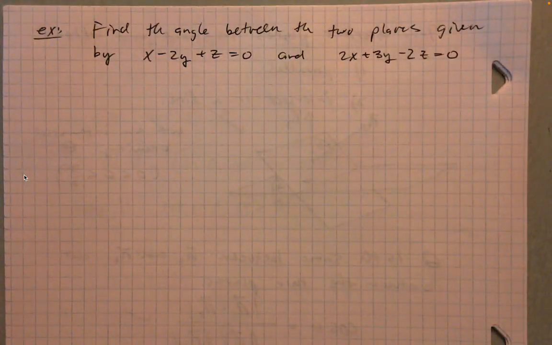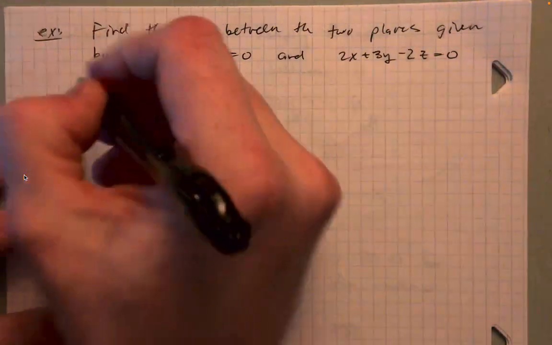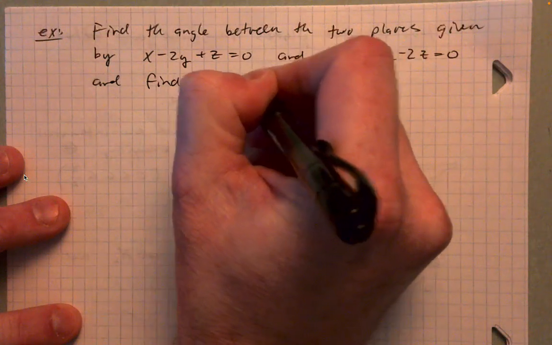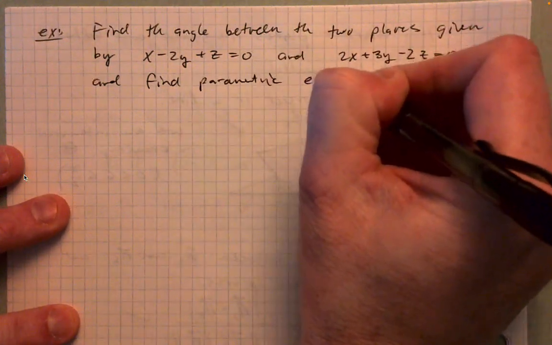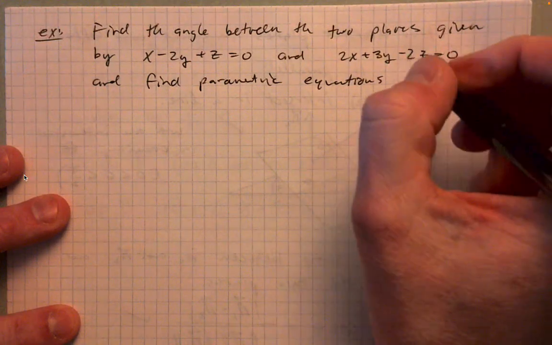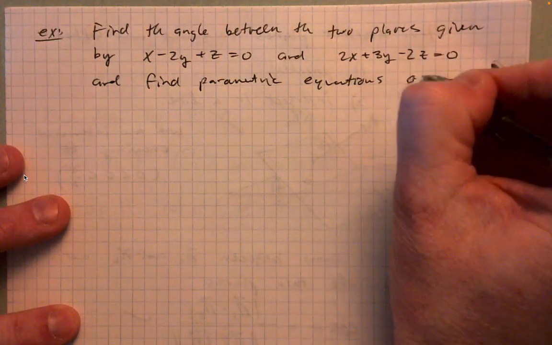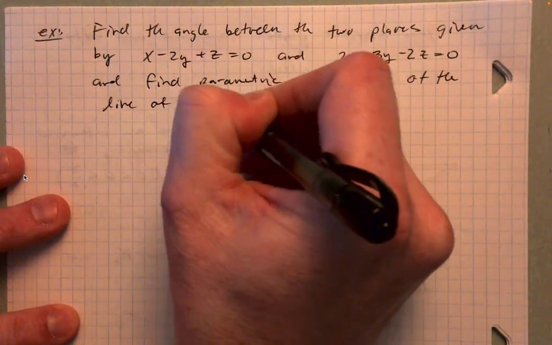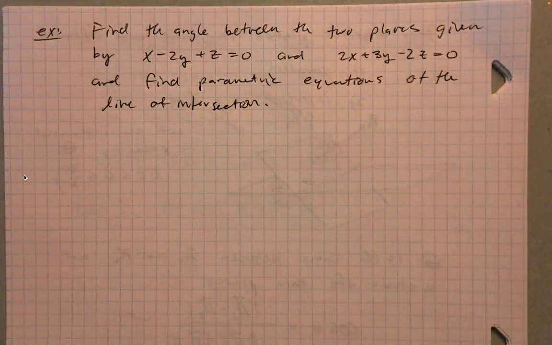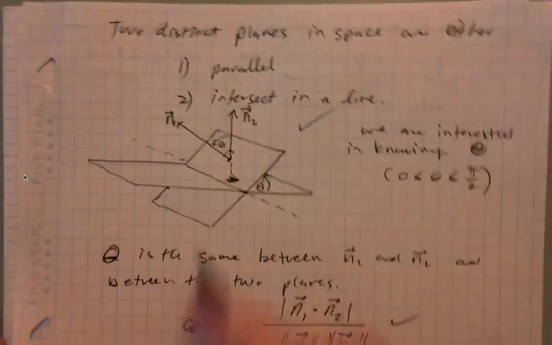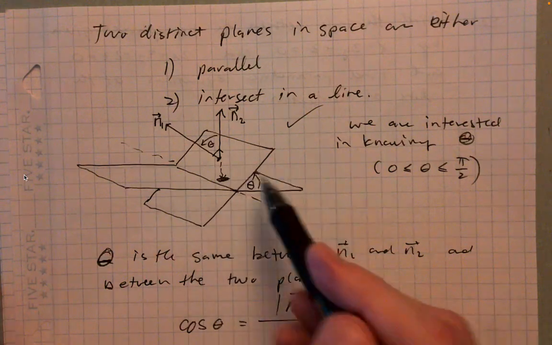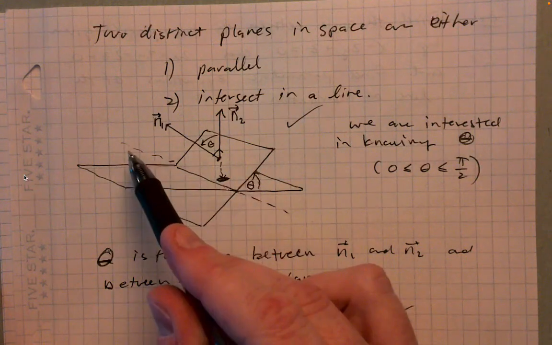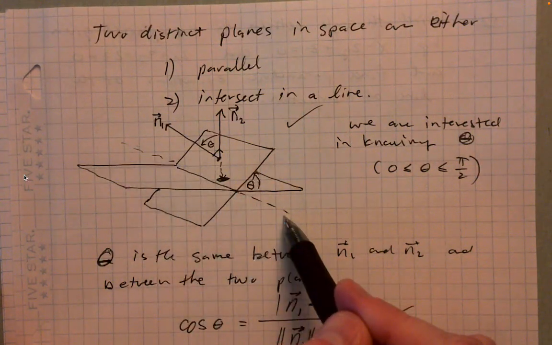Okay, so we want to find the angle between these two planes and find parametric equations of their line of intersection. So that's the idea. We've got these two planes, we're given the equations of both, we want to find theta between them, the angle between them, and we also want to find the equation of the line where they intersect.